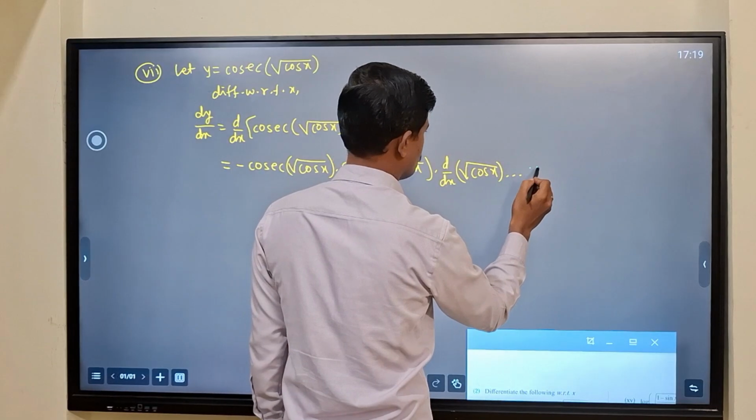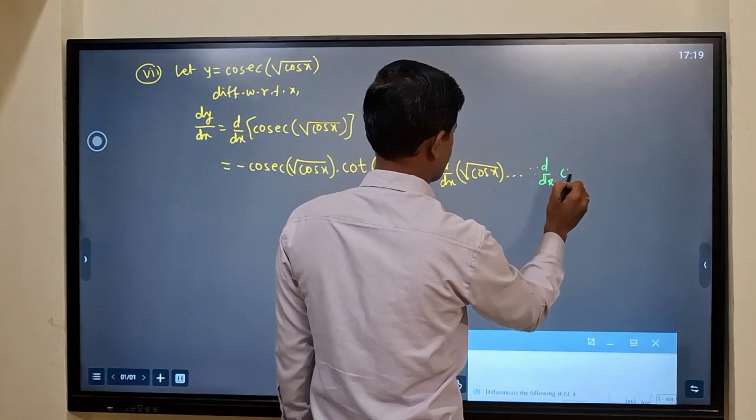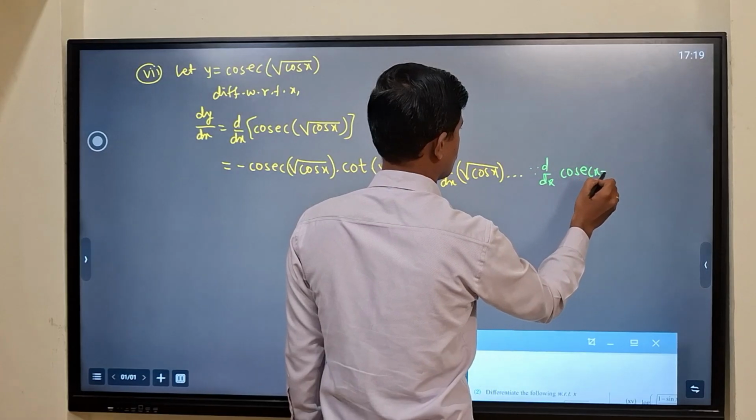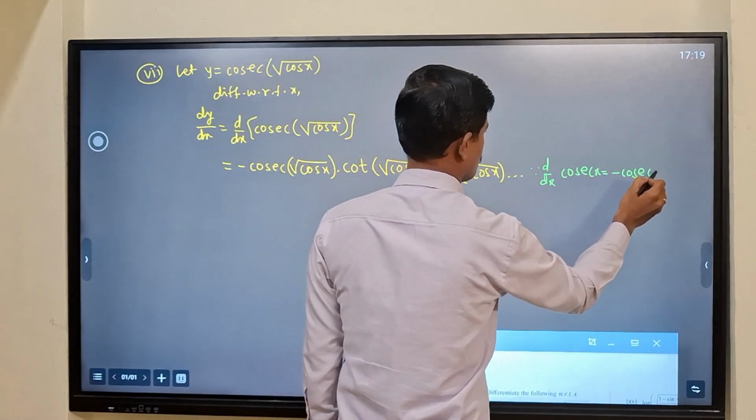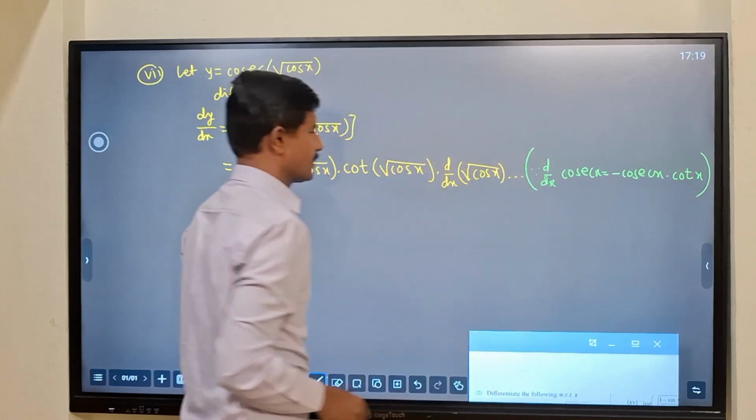Here we use the formula d/dx of cosec x equal to minus cosec x into cot x.